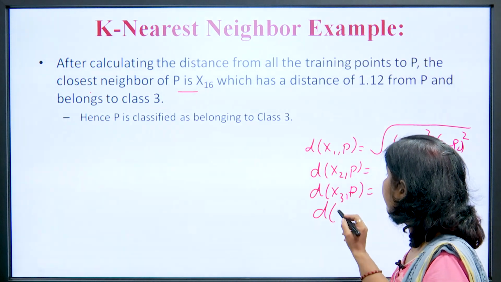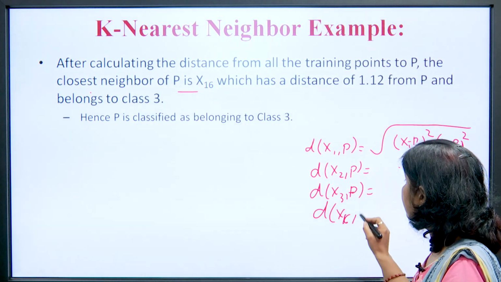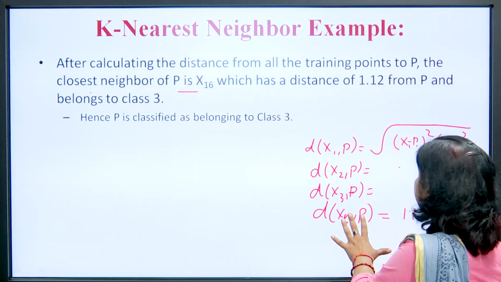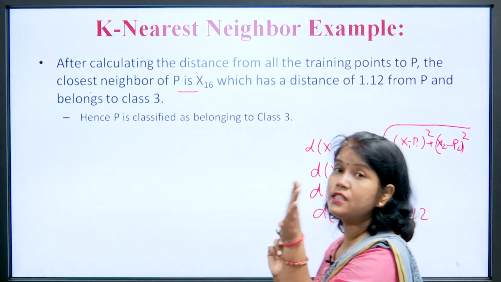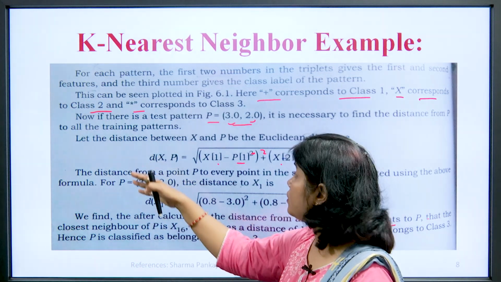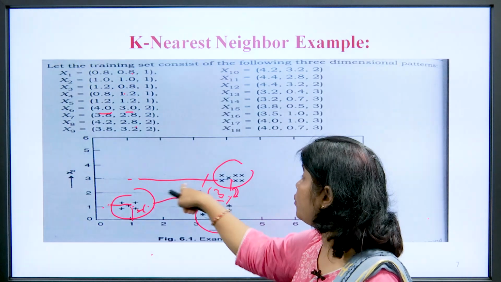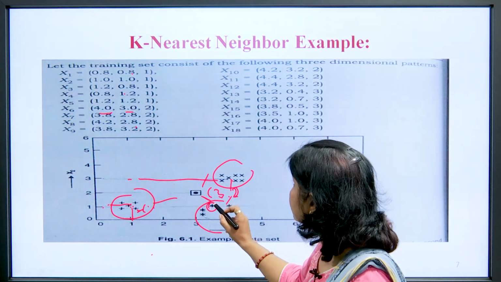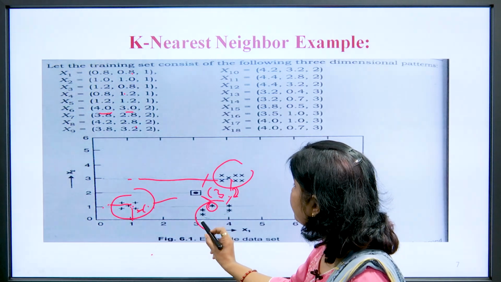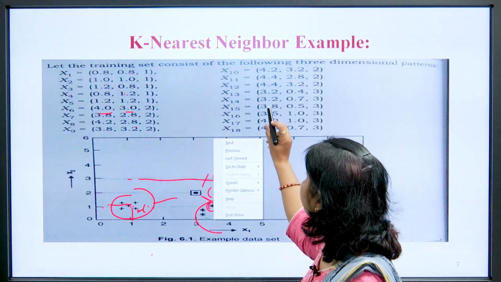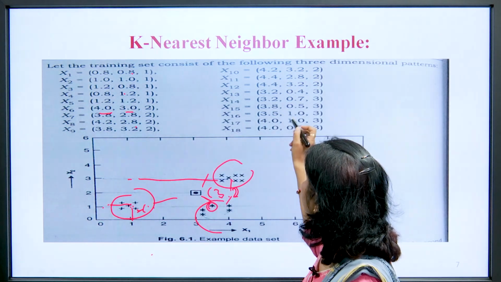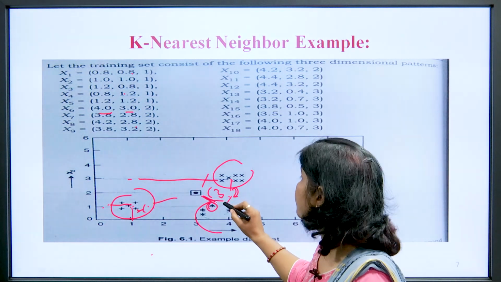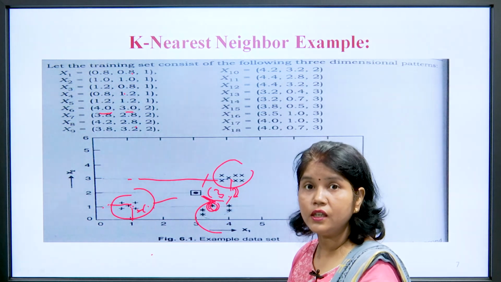When you find dx16 from the given point P, the output will be 1.12, and that is the closest neighbor of the given data point. x16 is this: 3.5 and 1.0. So, you can see by yourself that this training data point is the nearest.